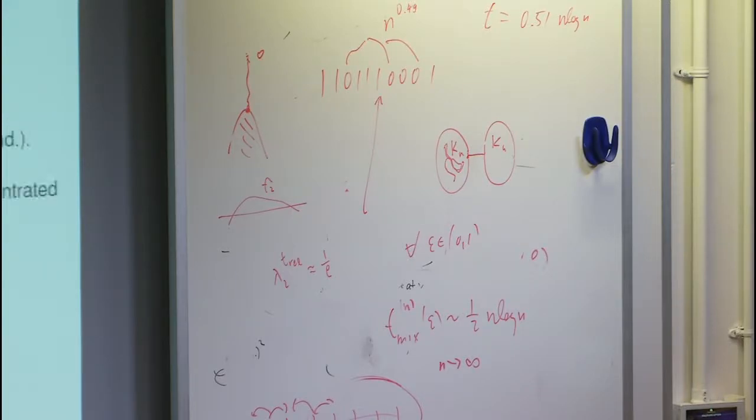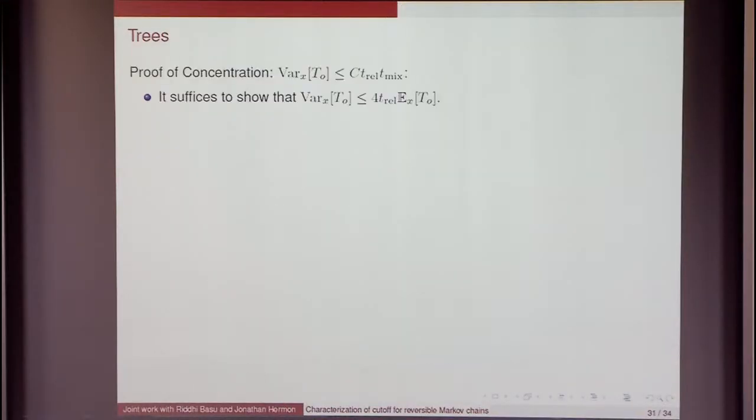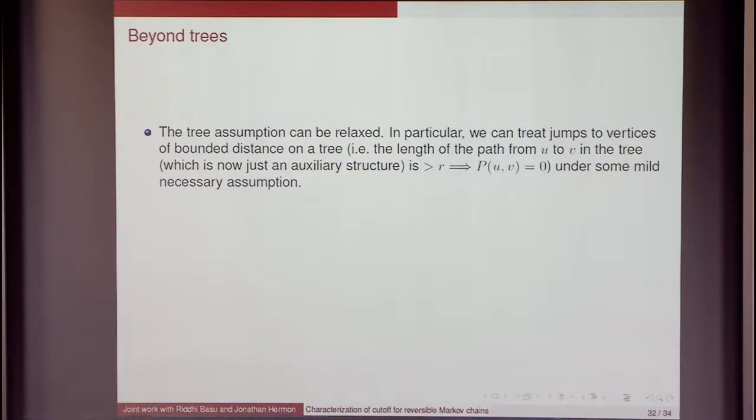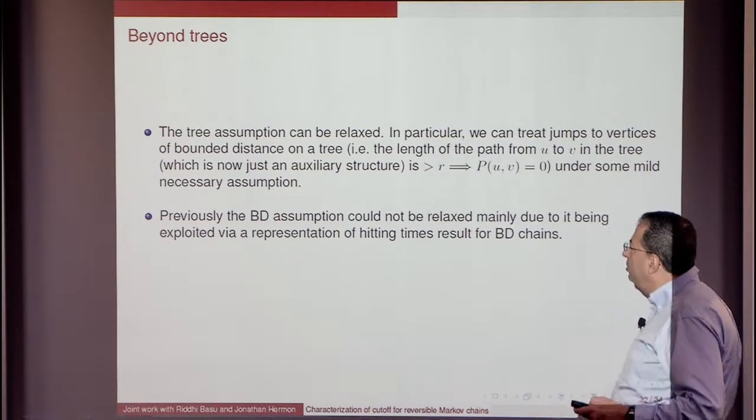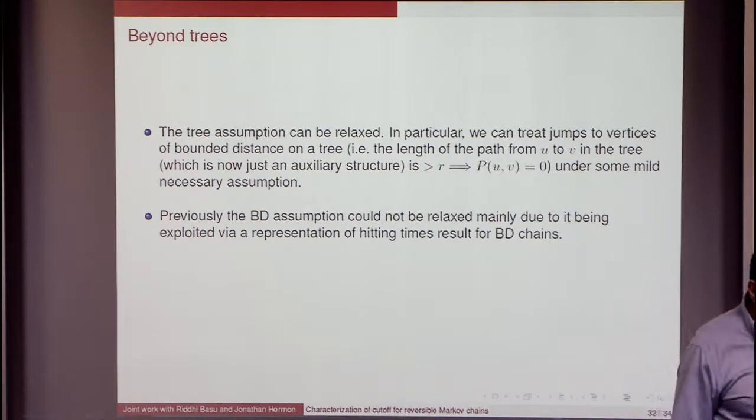Okay, and maybe I'll skip the rest of the details for the tree and go beyond trees. With this technique, we can allow for chains that have some rough tree structure. For instance, suppose you have fixed some constant r and you're only jumping distance bounded by r, then the theorem still holds that when you have the product condition, then you have cutoff.